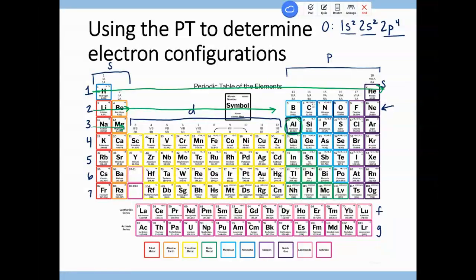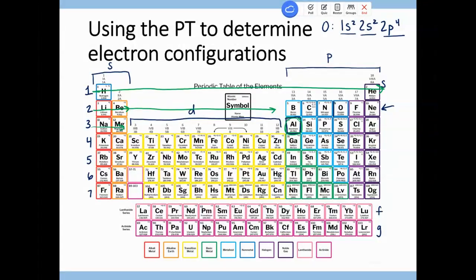We can go up 1 row all the way to the right. That tells us xenon. If we write xenon in brackets, that represents what we call the core electrons for lead. And so that xenon, we write that in brackets, that represents the electron configuration all the way up to 5p6.